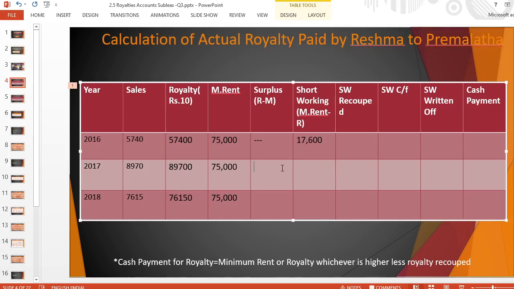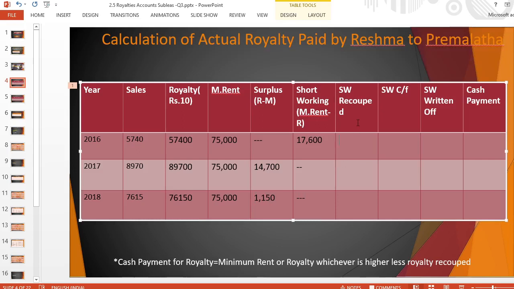Then in the second year 89,700 and minimum rent is 75,000, which represents surplus. So here we have a surplus of 14,700 and of course no shortfall. In the last year, 76,150 and 75,000. So again we have surplus 1,150 rupees and no short working.